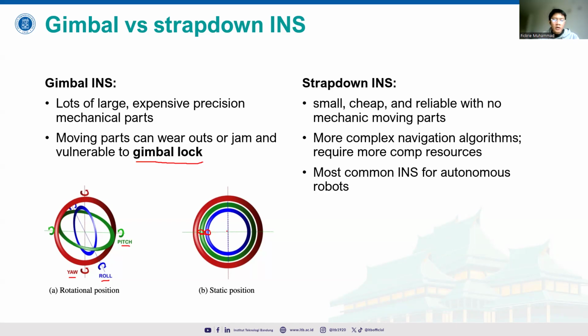So the consequences of this gimbal lock are loss of control, difficulty in determining the orientation, possibly misinterpreting the orientation of the system, and of course system failure. To avoid it, we can adopt strapdown systems.